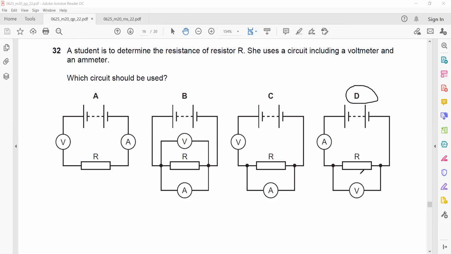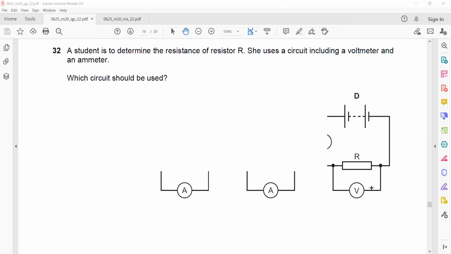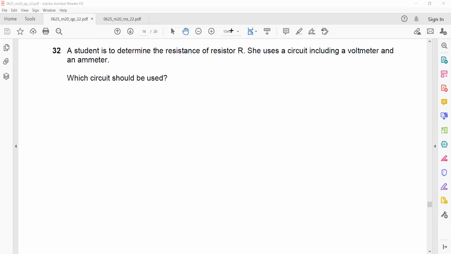You can see the voltmeter is in parallel to the component whose resistance we want to find, and the ammeter is in series. So practically, if we have any kind of circuit, for example, if I have 3 resistors connected in series and I want to find the resistance of this circuit, I need the total voltage and the total current.